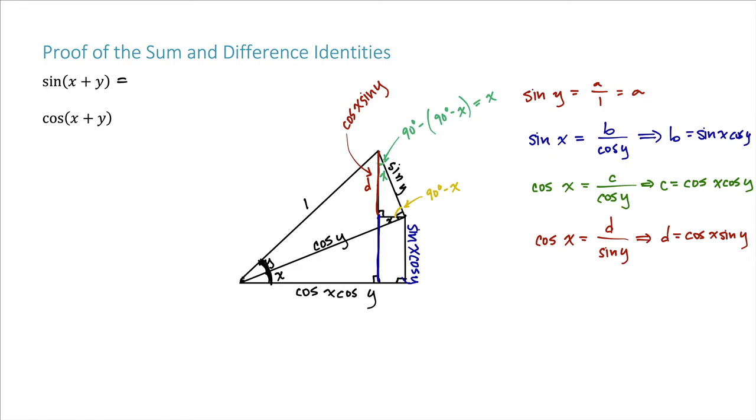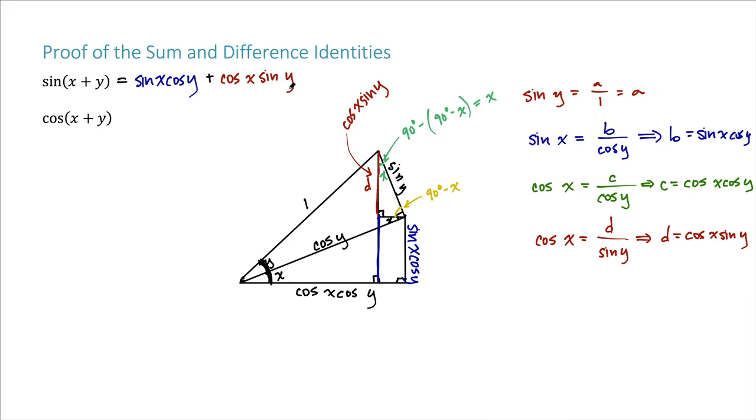And so I can add those two things together. So sine of x plus y is sine of x cosine of y, that height, and then plus this height here, d, which is cosine of x sine of y. So I've got one identity, and then we just need to get our cosine identity.